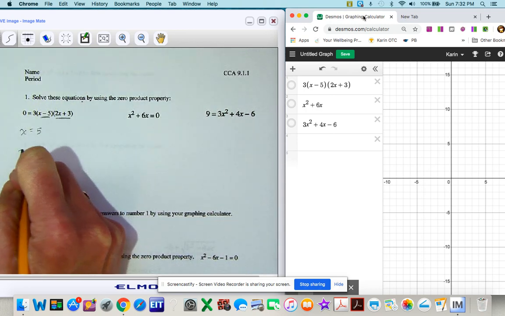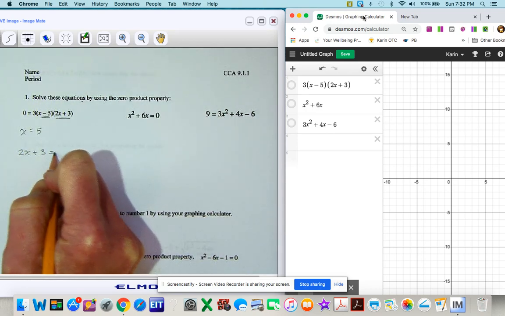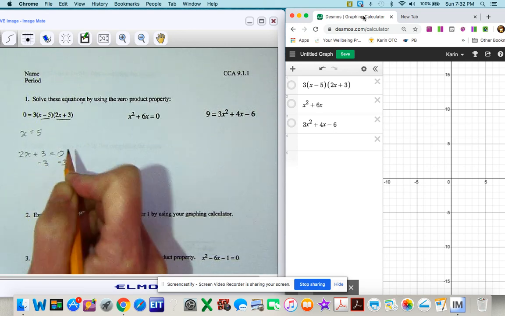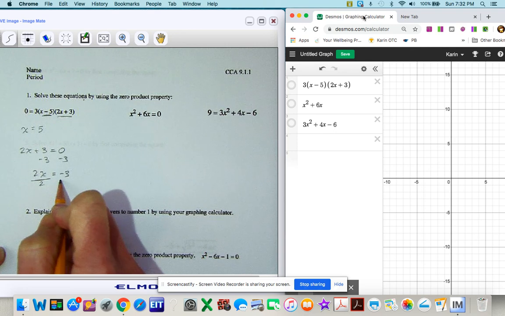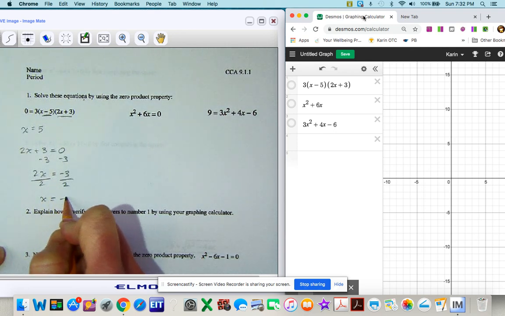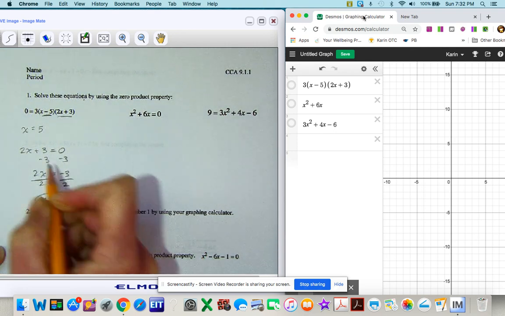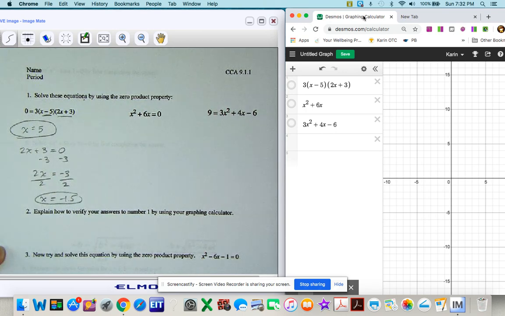I just have to figure out 2x plus 3 equals 0. So if I subtract 3, I get 2x is equal to negative 3. Divide by 2, so x would be negative 1.5. So I've got two possible answers for this quadratic. There are 2 times that this product would equal 0, either if x is 5 or negative 1.5.